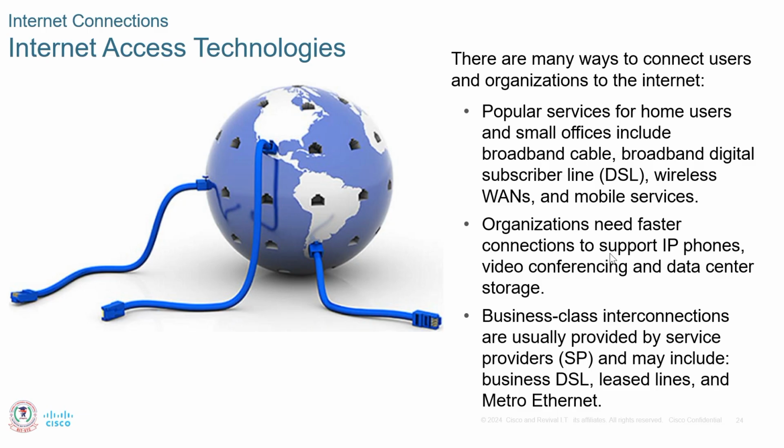So this is talking about the different technologies that you can use to interconnect different networks in the internet. What are the things that you can use? In a smaller office, you can just use broadband cable, broadband digital subscriber line, wireless. This is like satellite.